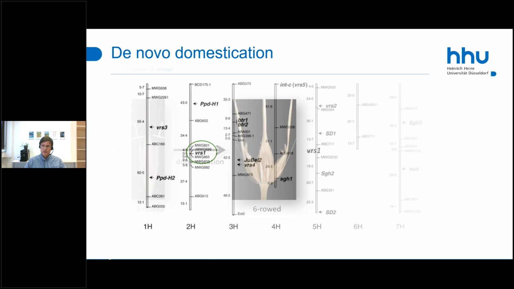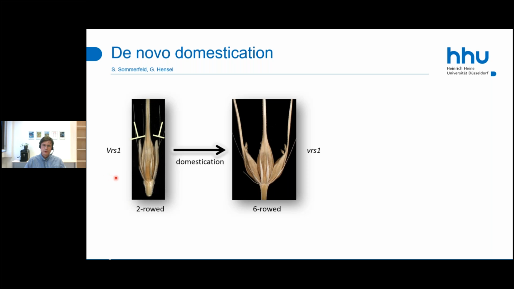The BRS1 gene is responsible for the switch between 2-row and 6-row barley. You might be aware that in barley we have these 2 spike phenotypes: either 2-row or 6-row barley. And Takao Komatsuda from Japan identified the BRS1 gene as the causative gene.